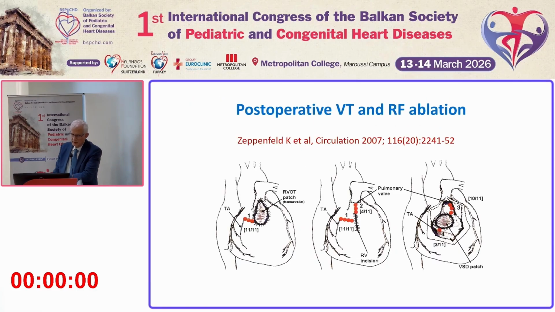Other studies showed the importance of the various isthmuses that develop in the right ventricle between the ventriculotomy or the patch that is placed in the anterior right ventricular wall, and also the subpulmonary conus, and between the VSD patch and the tricuspid annulus.